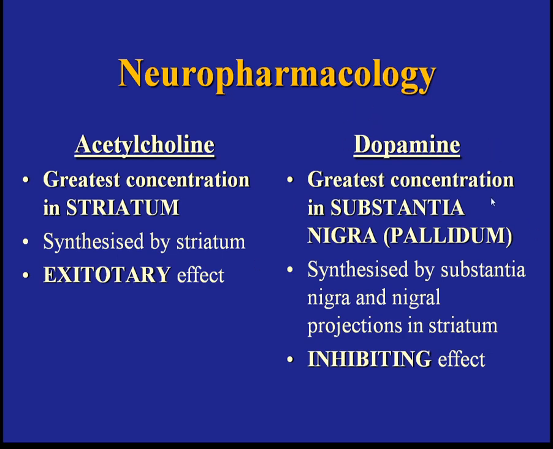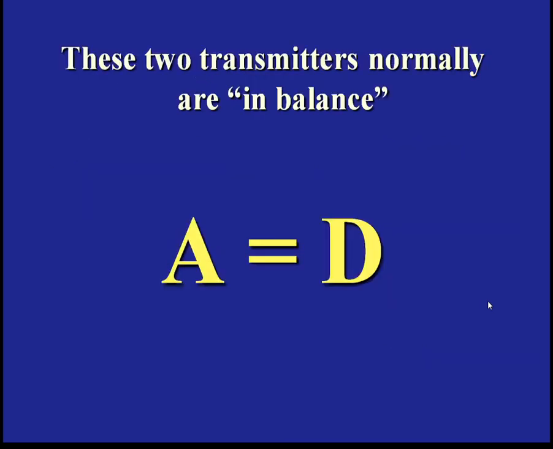Dopamine, greatest concentration in substantia nigra and pallidum, synthesized by substantia nigra and nigral projections in striatum and has inhibiting effect. Normally, in organisms, these two transmitters are in functional balance. Functional concentration of acetylcholine is equal to functional concentration of dopamine.